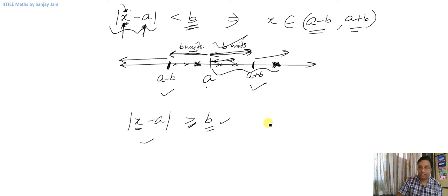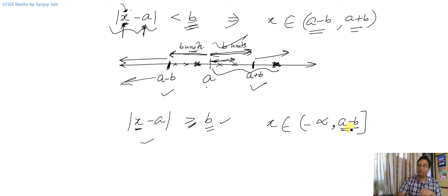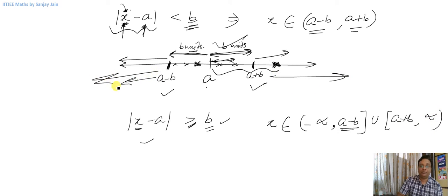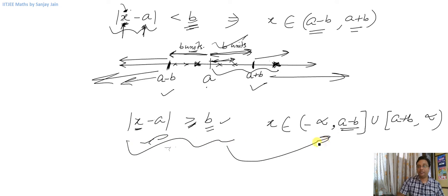So hence what I can say here is anything lesser than a minus b, that means x can be anywhere between negative infinity to a minus b with closed bracket, because a minus b is also a part of the solution, or it can be beyond a plus b, that means a plus b up to infinity, right? So the solution to this inequality is this one.